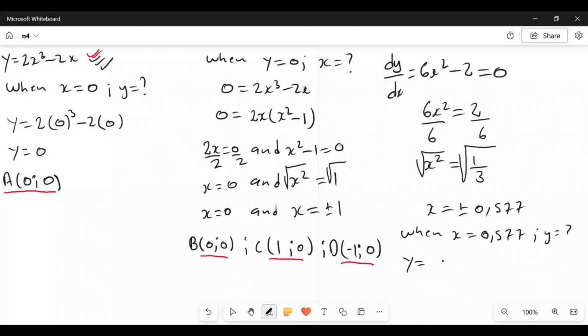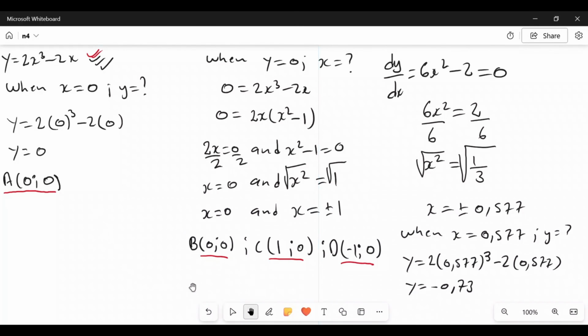Y is equal to 2 open bracket 0,577 cubed minus 2 times 0,577. Then you put this on the calculator and we find our y value. So when it's positive, we're going to find negative 0,73. There we go. So we can call this point turning point 1.